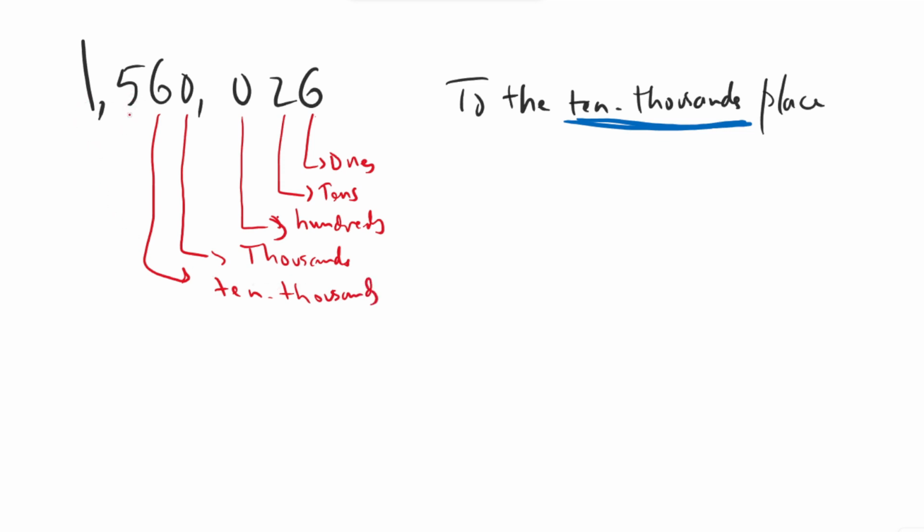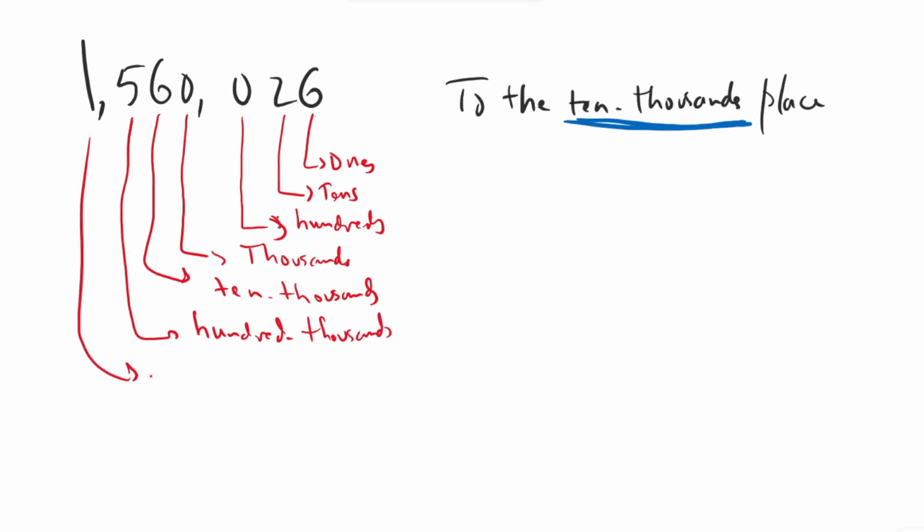And this 5, is it the millions? No, this is not millions. This is 100,000, after 10,000. You say 100,000. And this one here is at the millions place.